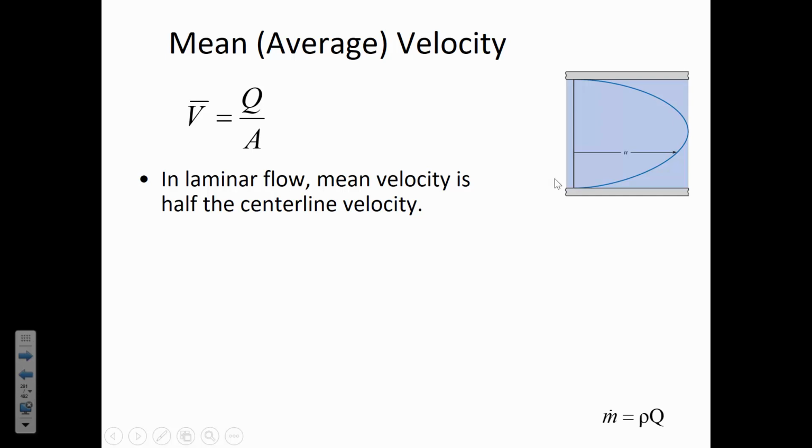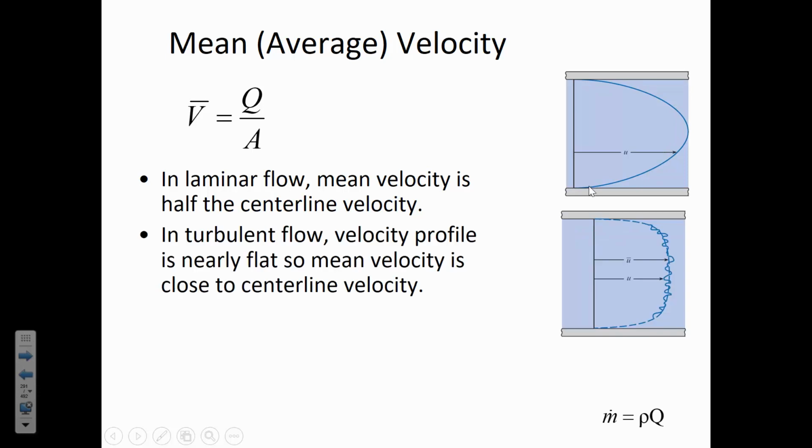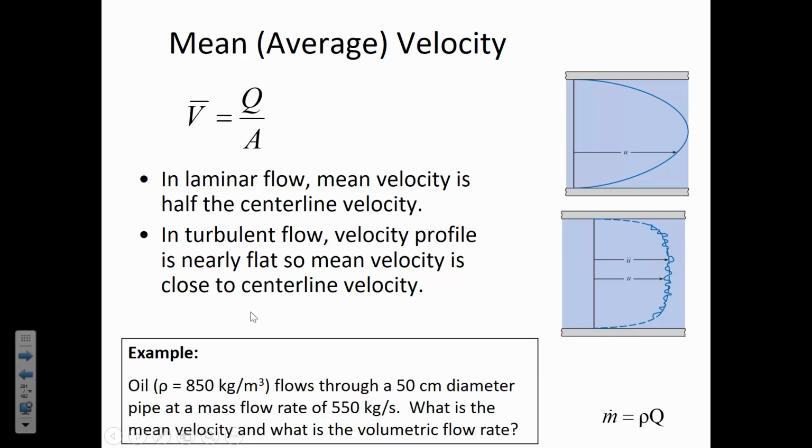Because remember that in laminar conditions we would have a nice, even, easily describable velocity profile, but in turbulent flow, anytime the Reynolds number is beyond the range of 4,000, then we expect there to be quite a lot of variability in the velocity. And the average velocity is relatively close to the centerline velocity, but it's not always equal. So we just have to calculate maybe the average over time, or look at the flow rate relative to the area.